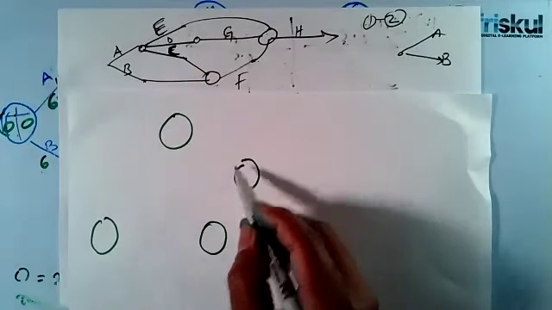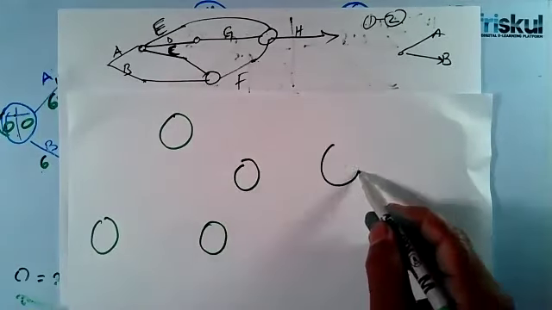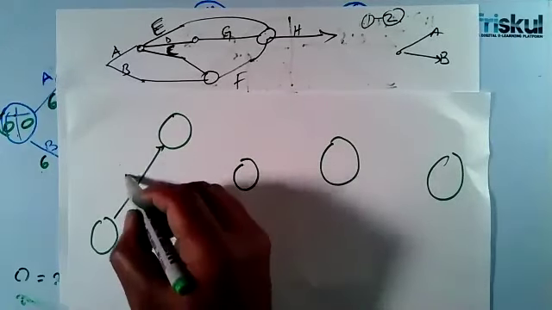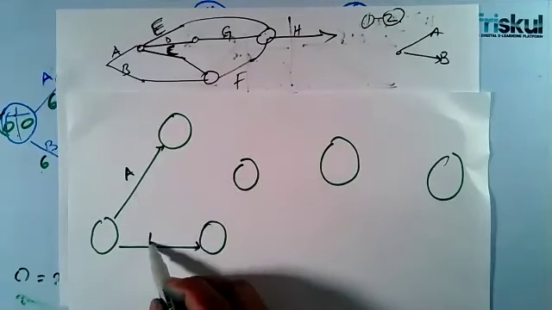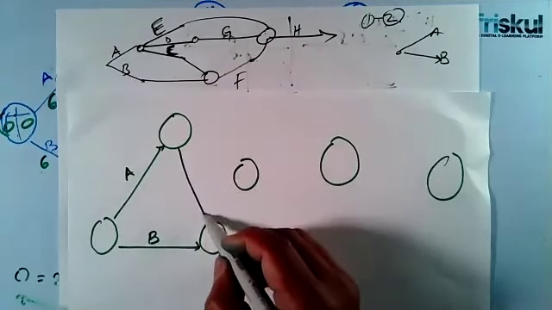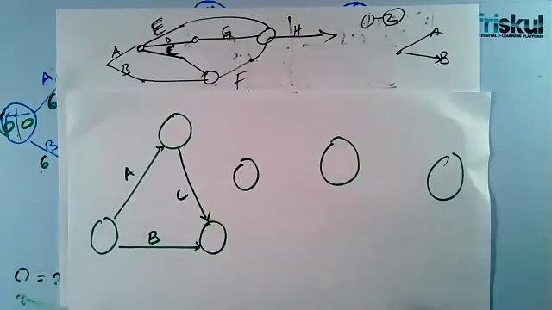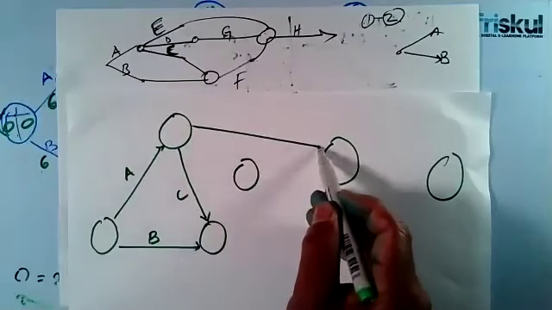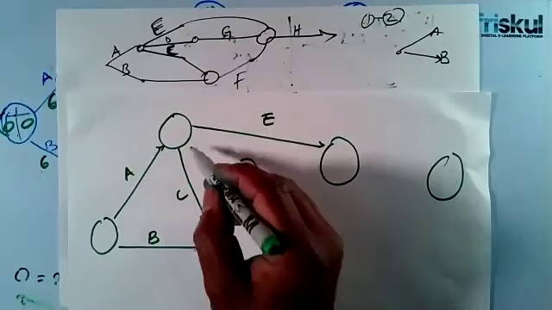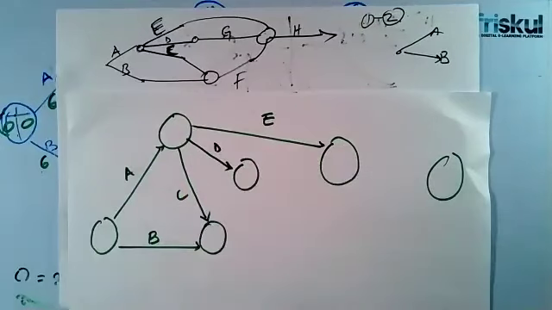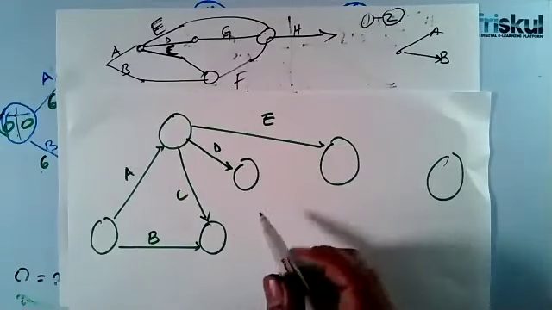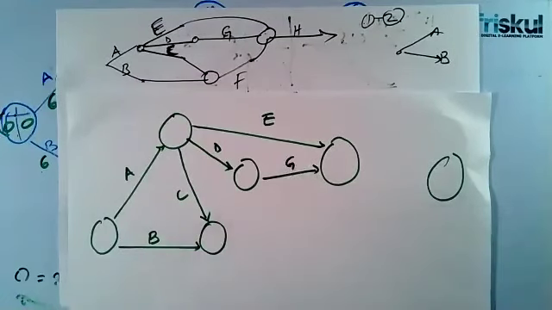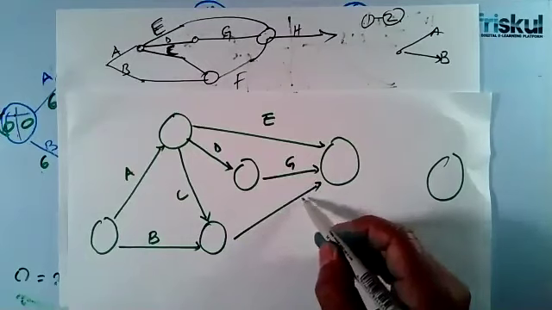So that's A. That's B. That's C. Then E. That's E. That's D. And then there we have G. Here we have F.